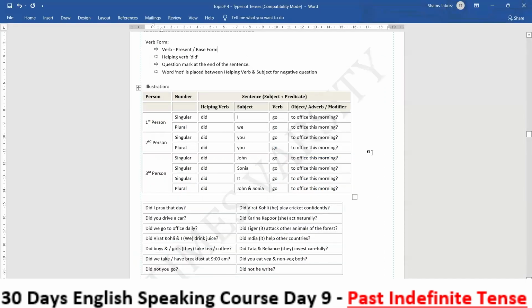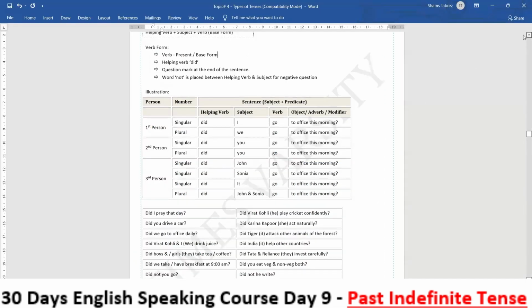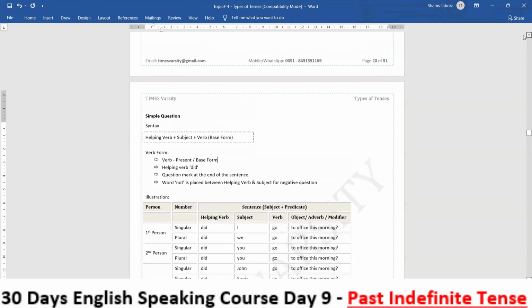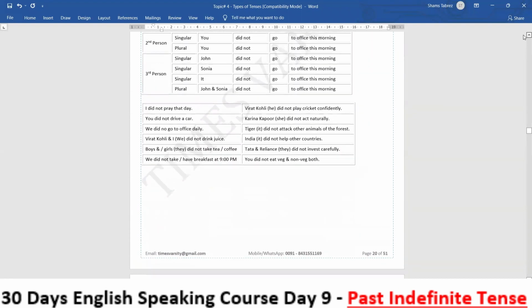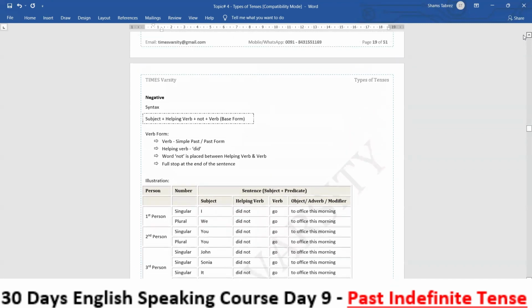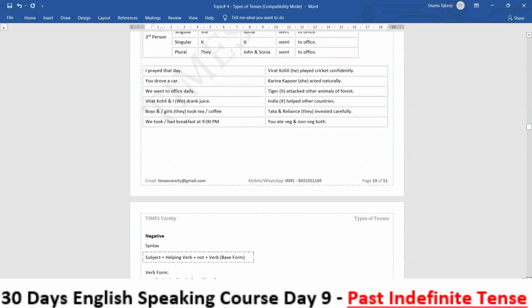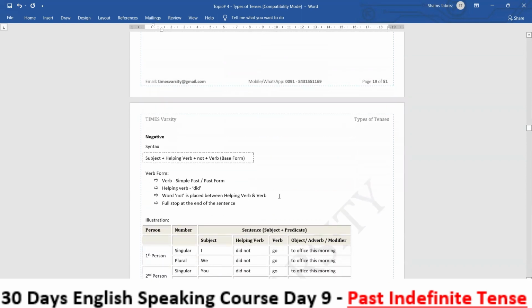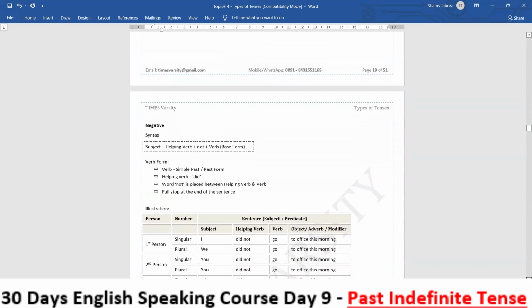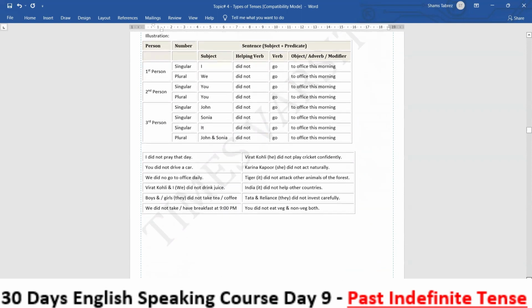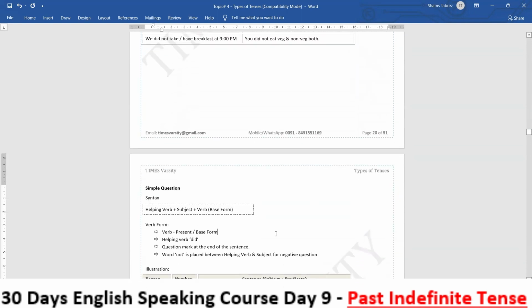Here we need to correct it. We need to use the present or base form of the verb. I'm correcting it.